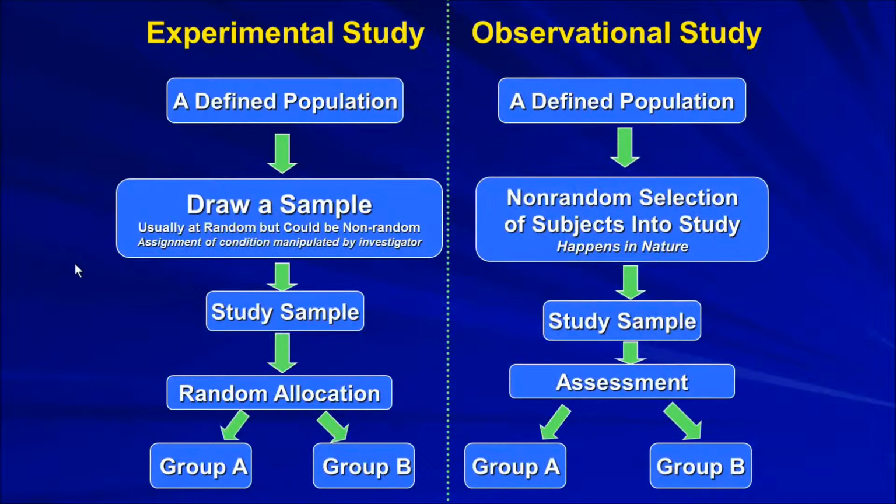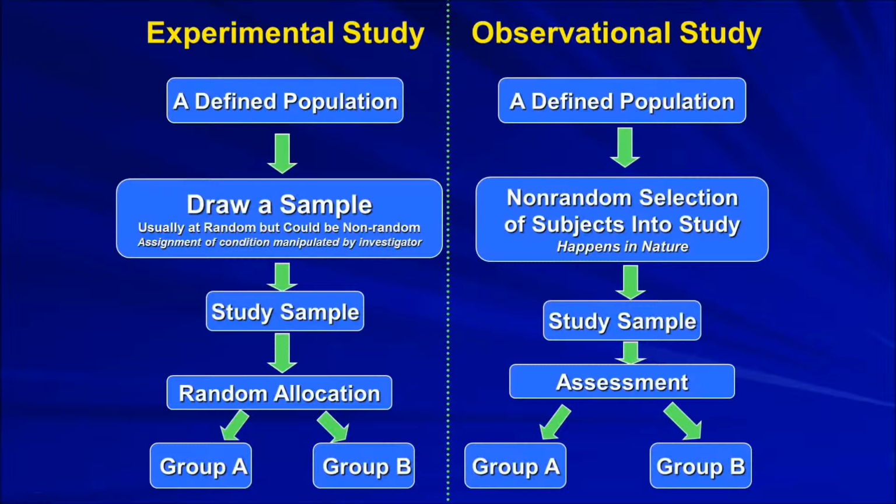In the observational study, we have a non-random selection of subjects into study groups, and we're observing what happens in nature. Then in both cases we have a random sample, a study sample, and then lower down in this diagram you see the random allocation.